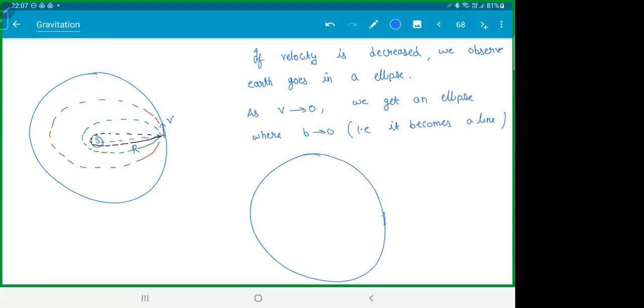So your diagram actually becomes like this. When you're going with velocity v, you're going in a circle. If your velocity is v0, you're kind of going like this. Fair enough? So for this thin ellipse, what is the semi-major axis? This whole thing was r, no? Previously, this was 2r.